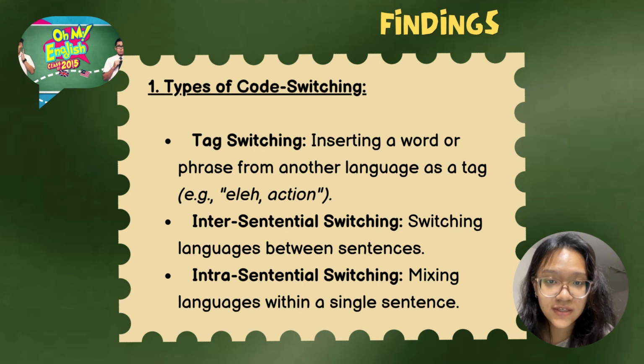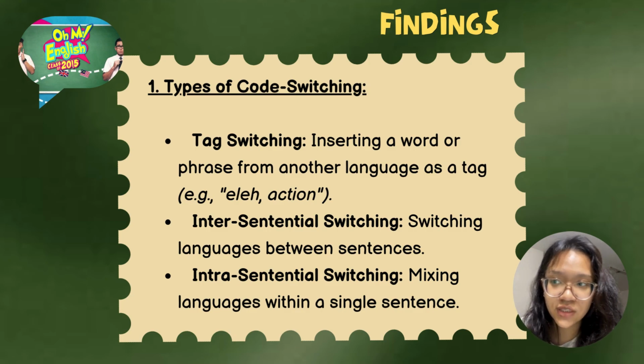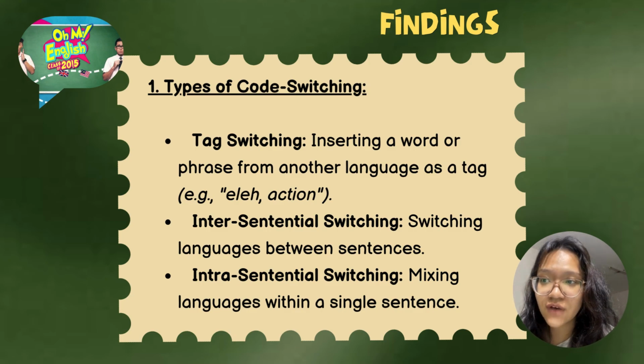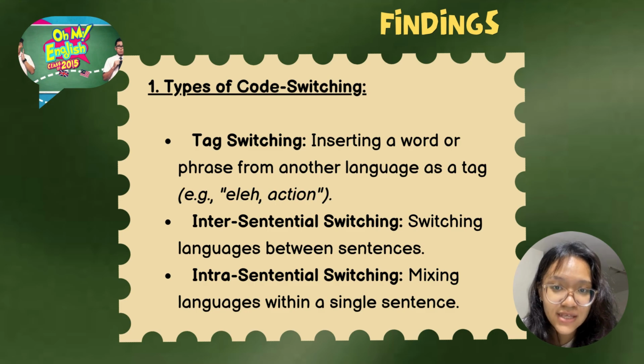So for the findings of the study, we're going to be talking about types of code switching. Now, code switching, of course, is the practice of alternating or switching between two or more languages or varieties of a language in a conversation. Now, in Oh My English, this is very prevalent. For example, the main ones used would be tag switching, inserting a word or a phrase from another language as a tag.